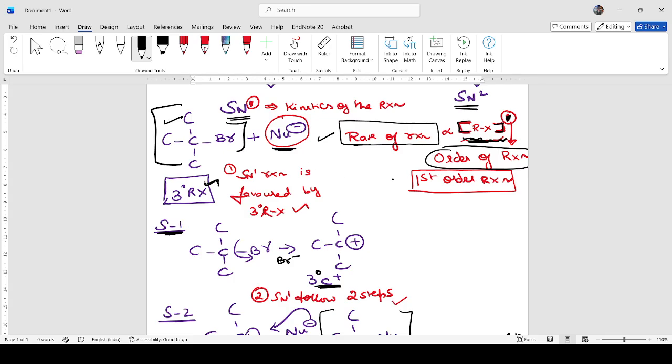Such a reaction is called a first order reaction. Consider I am writing rate of reaction is directly proportional to A power 2. Then I will say the order of the reaction is 2. Here I write 1, so I call it first order reaction. Now you can understand why it is called SN1. The one that is written on it tells you about the kinetics of the reaction.